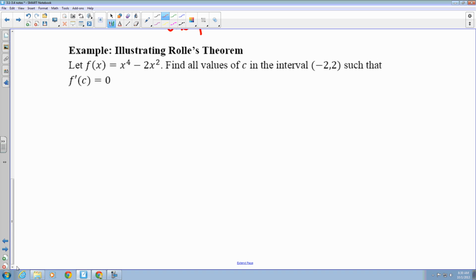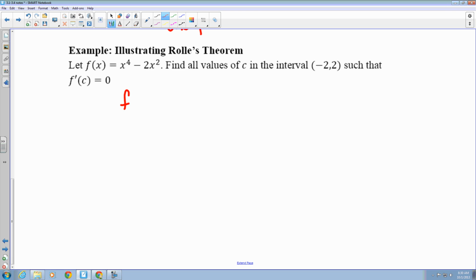Another example, let f of x equal x to the 4th minus 2x squared. Find all values c in the interval from -2 to 2 such that f prime is equal to 0. So we need to show that before we can use Rolle's theorem, so the last one was just kind of saying show that it does, we have to have all the conditions of Rolle's theorem met. So we have to know that our function is continuous and differentiable on the open interval.